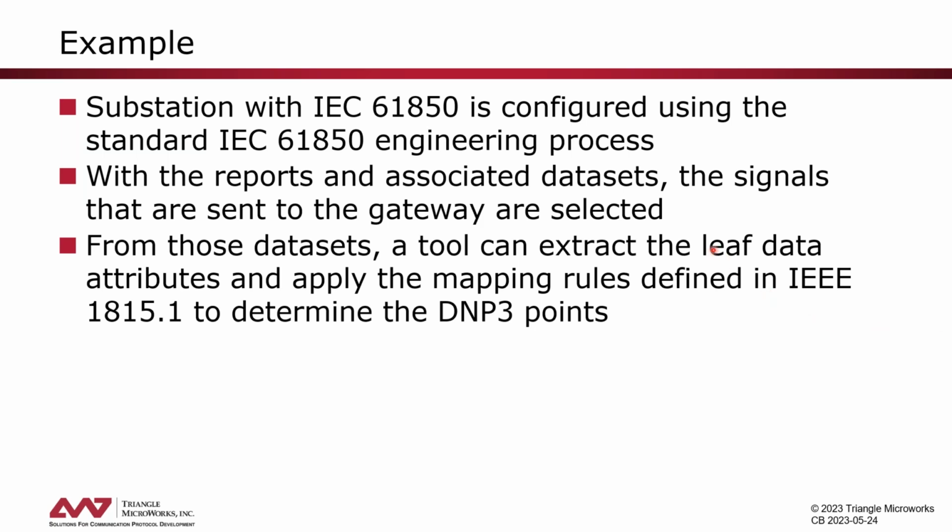We have reports and associated data sets that we use to configure the reporting from the devices to the gateway. From those data sets, we will use a tool that can extract our leaf data attributes. That's where we have the values, and we can apply the mapping rules defined in the IEEE 1815.1 standard to determine the DNP3 points.